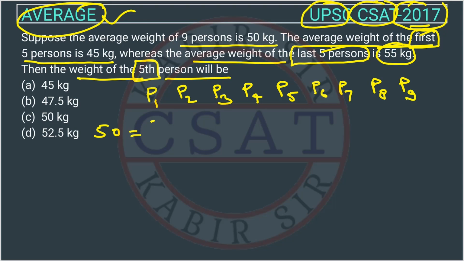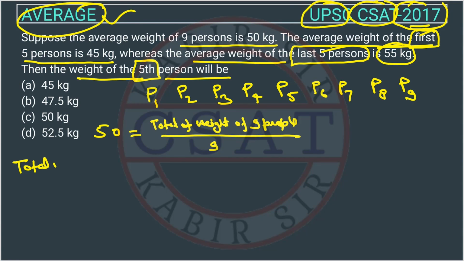So this will be total weight of 9 people upon 9. So total weight of all people means P1 plus P2 plus P3 plus P4, and so on. So this will be equal to 50 into 9, which is equal to 450.